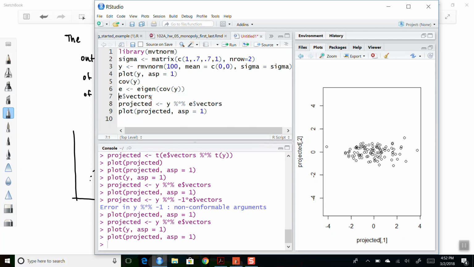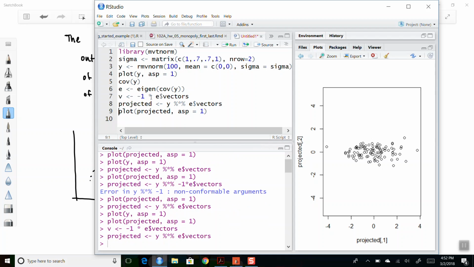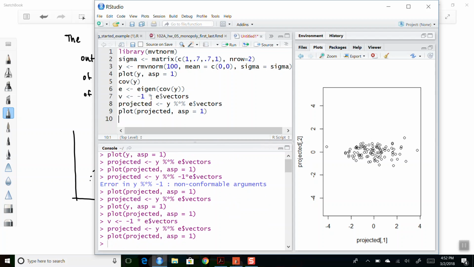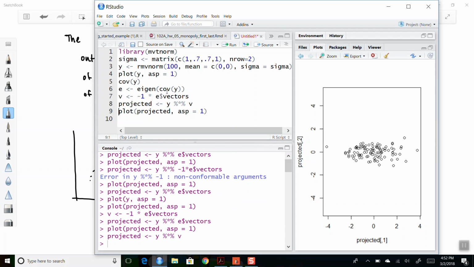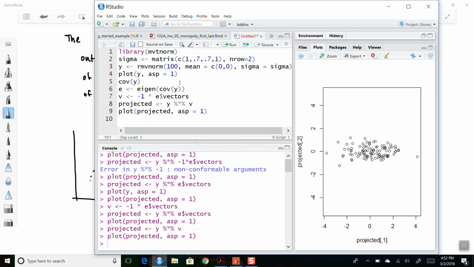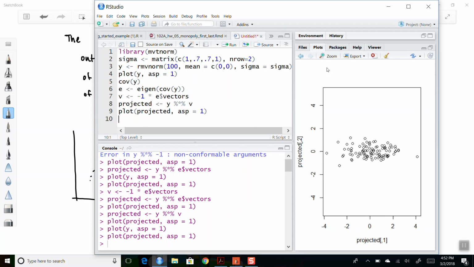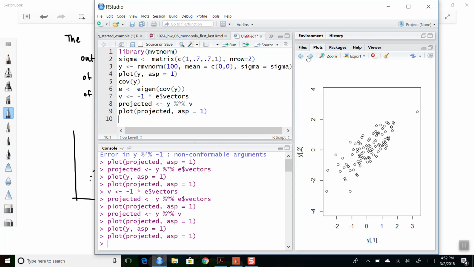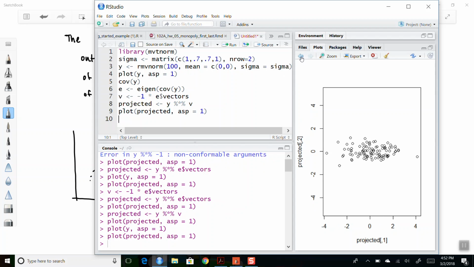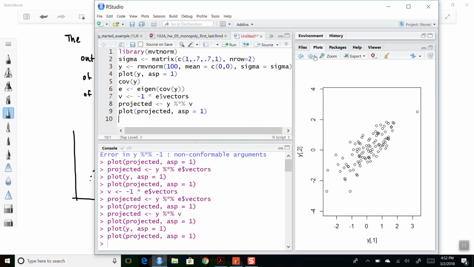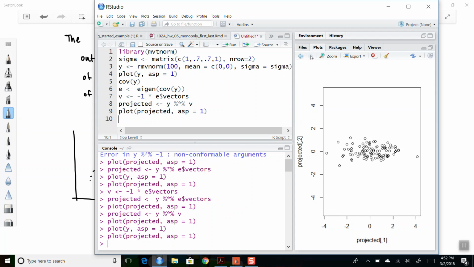So let me just call V as this, and I'm going to do -1 times our vectors, just so that the projection ends up being here. So here's our original data, and then after we project it, maybe the rotation is easier to see.